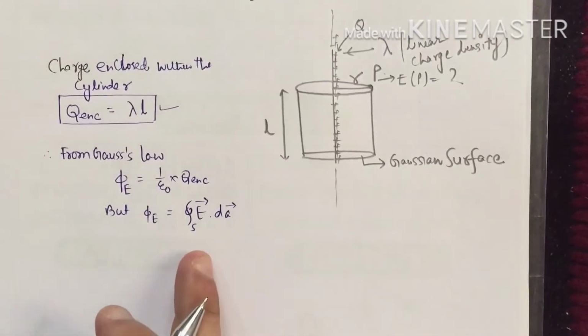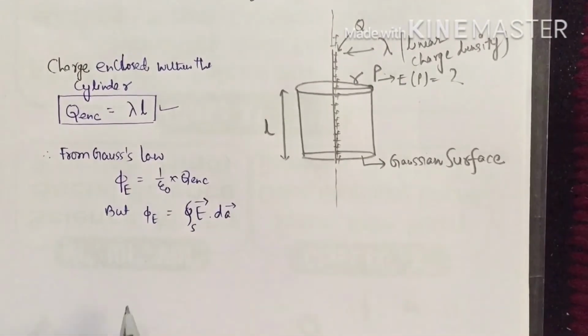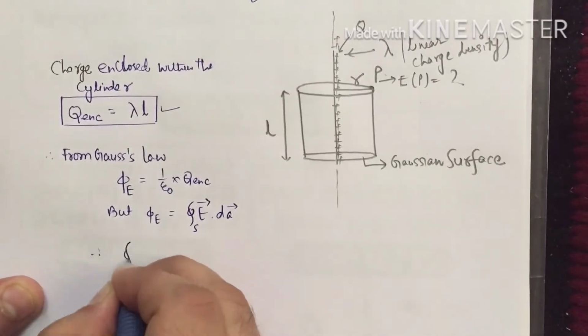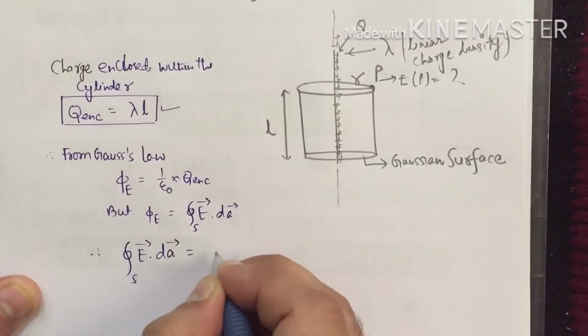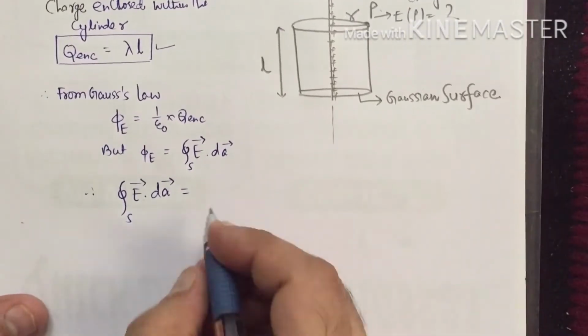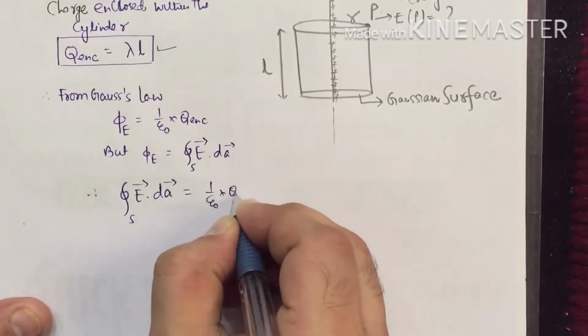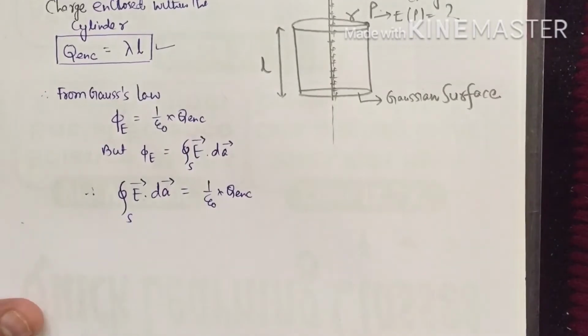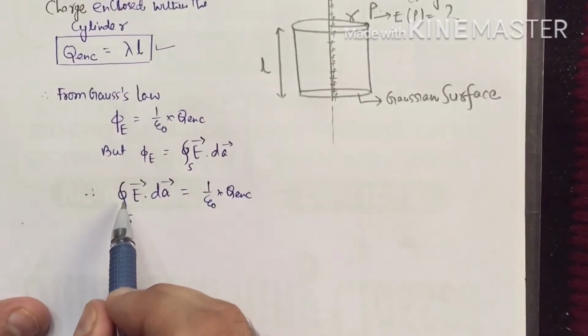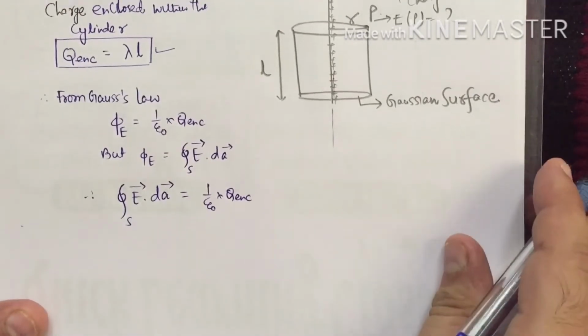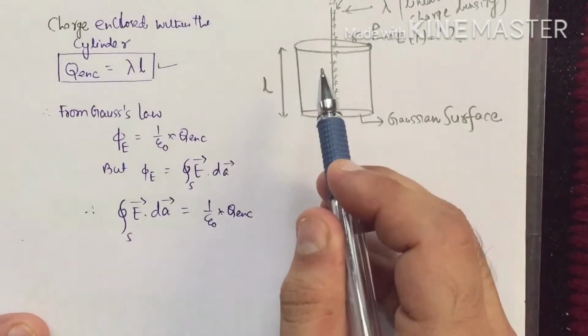This is the definition of a flux we have already discussed. So therefore the closed surface integral of E dot dA is equals to 1 by epsilon naught times the total charge enclosed. Okay. Now this integral represents that it is the integration which is done over a closed surface. Now this Gaussian surface is a closed surface.